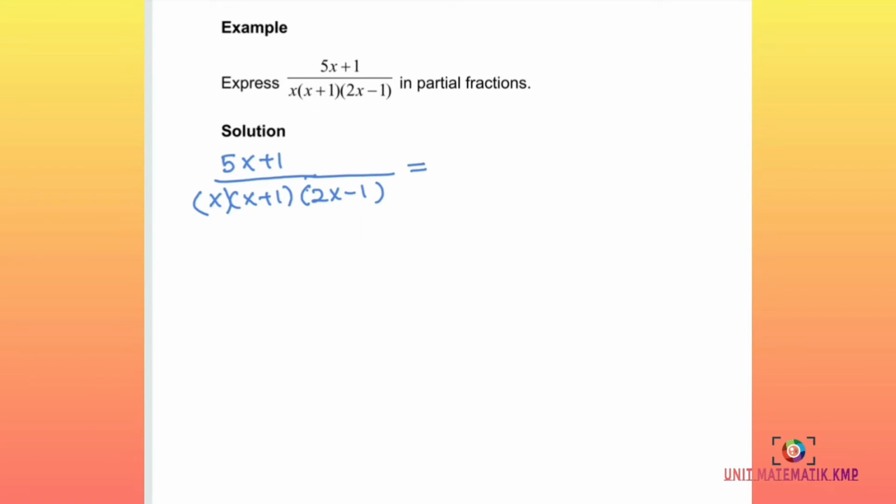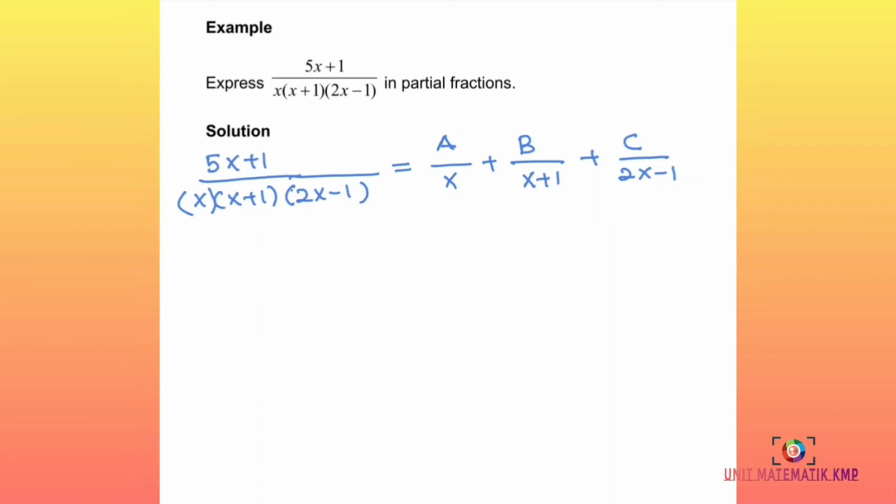So the split should be A over x plus B over (x + 1), because the denominator here is linear, plus C over (2x - 1). This is our first step.